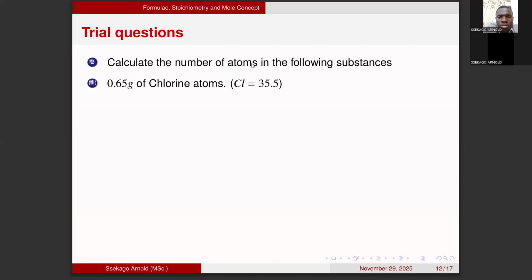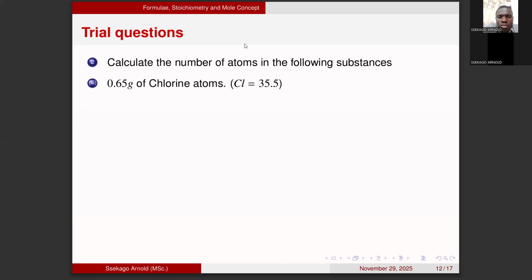I'm going to remind you of this mind map every time I work out such items. The mind map says that, hope you've noticed what we are given. We are given mass, 0.65 grams. Grams, that is mass. We want to move from mass to atoms. Atoms are particles.